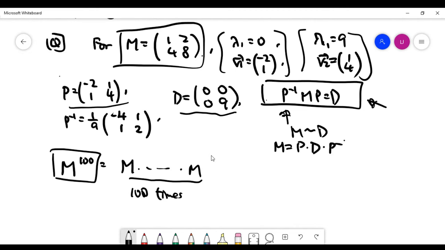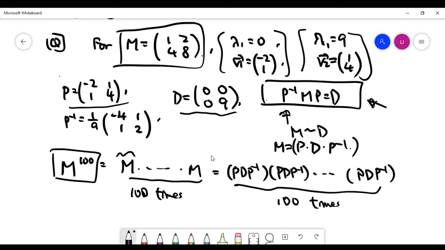Please look at this equation now. For each M, we can replace it by the three matrices multiplied together. So basically you have to multiply 100 copies together.